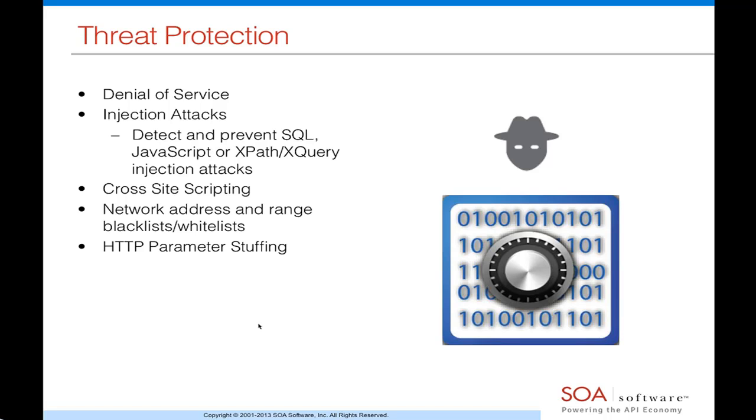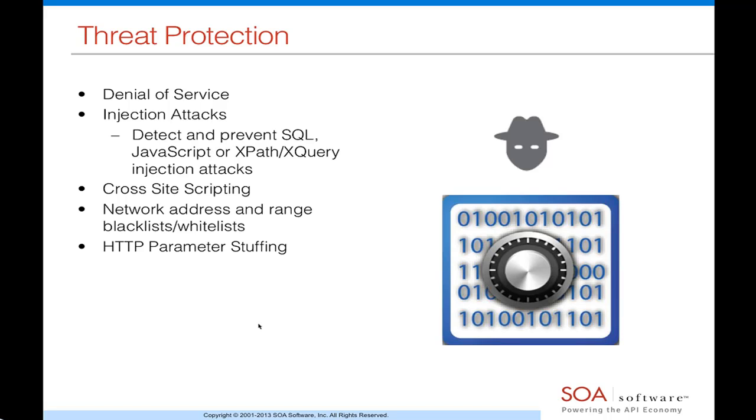There are things like JavaScript, XPath, and XQuery injection attacks also. They can use malformed XPath or XQuery queries to get access to data that you probably don't want anybody to get access to, and they can compromise your backend. There are other things around cross-site scripting, and network address and range blacklist and whitelist, so you can have a blacklist and whitelist of which IP addresses or network addresses can access your app.